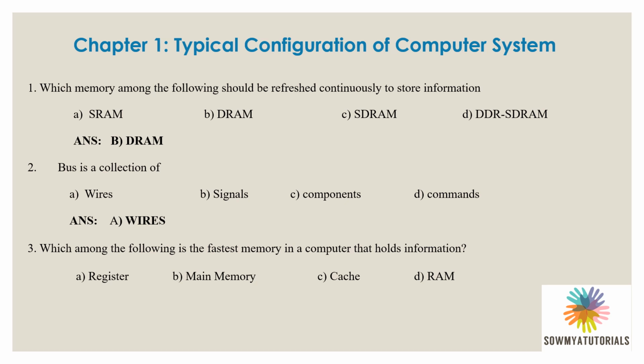Then the second option, main memory. What is main memory? We can also call it primary memory. Primary memory is the temporary memory that holds the data and instructions temporarily. Then the third option, cache memory.